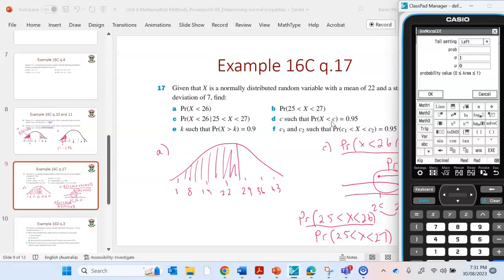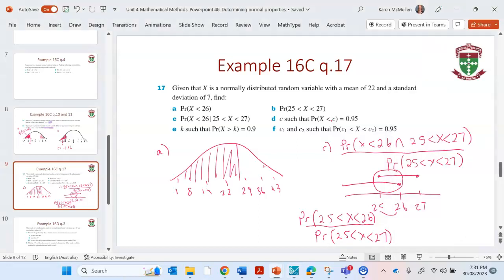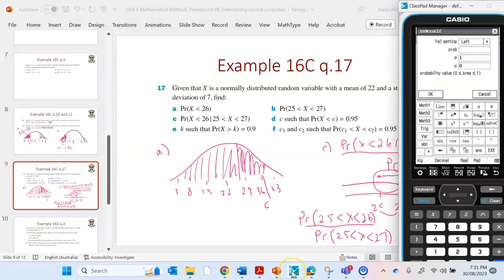So if I just draw here, you're looking at basically the majority. So C is going to be, I don't know, somewhere there. I always draw it incorrectly, but I know roughly where it should be. All right, the probability is 0.95, and our standard deviation is 7, and the mean is 22.